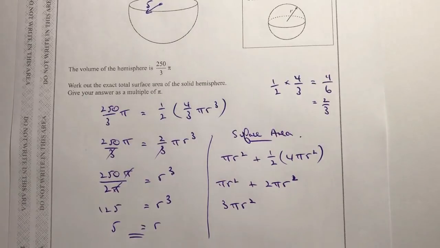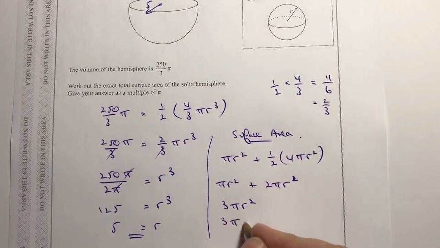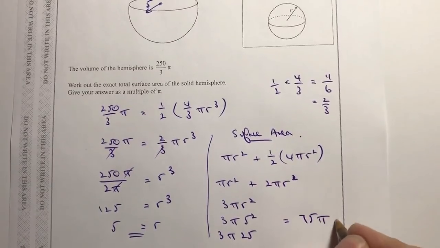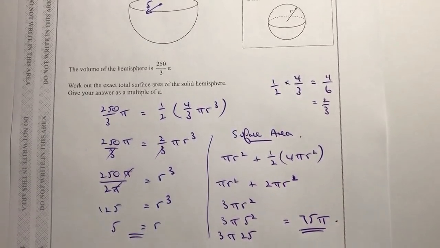So I can write that in as 3 pi 5 squared. Well, 5 squared is going to be 25, so I've got 3 pi 25, and 3 times pi times 25 is going to equal 75 pi, and that's actually the answer to this question.